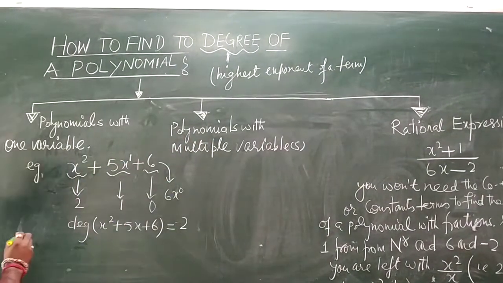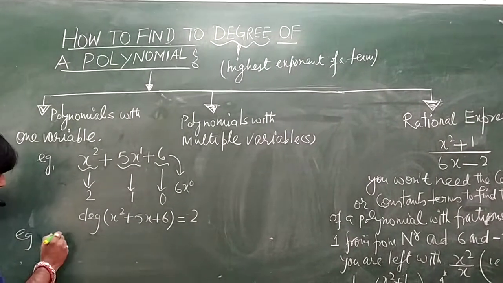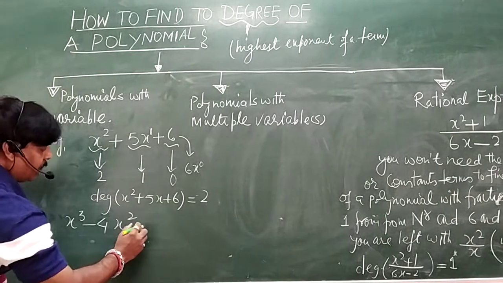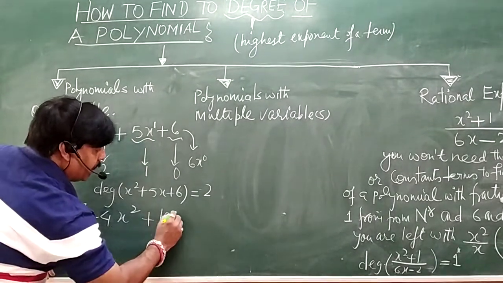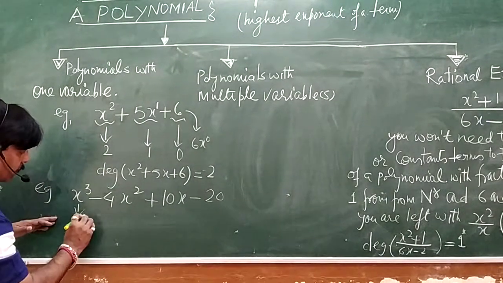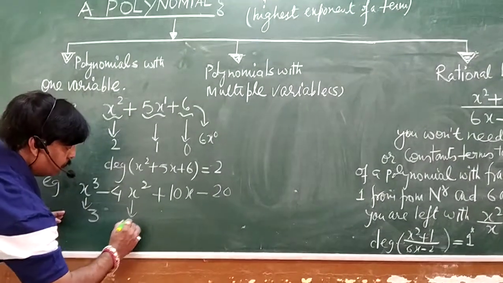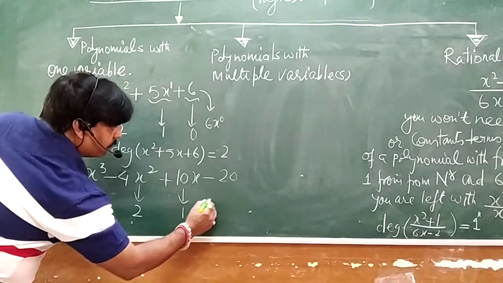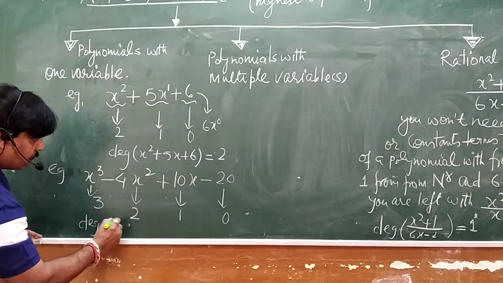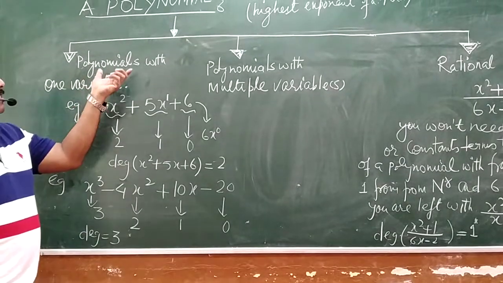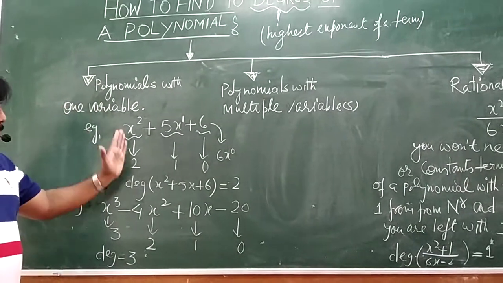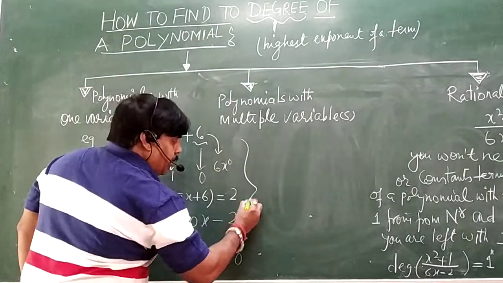For example, one more example: x cube minus 4x square plus 10x minus 12. Here it is 3, 2, 1, 0. So what is the degree? Degree is 3. So in case the polynomial has only one variable, this is the most important point.